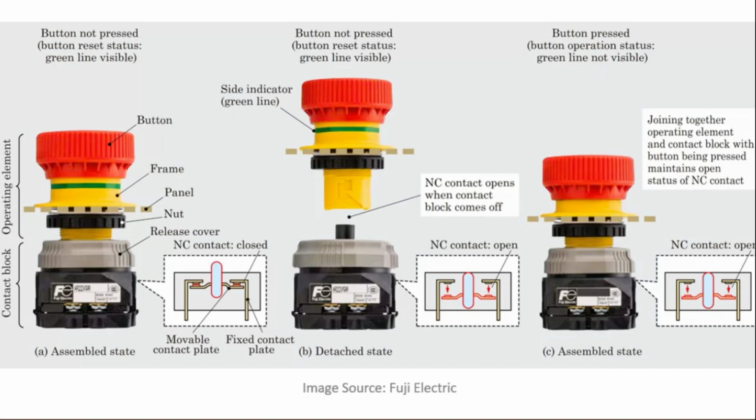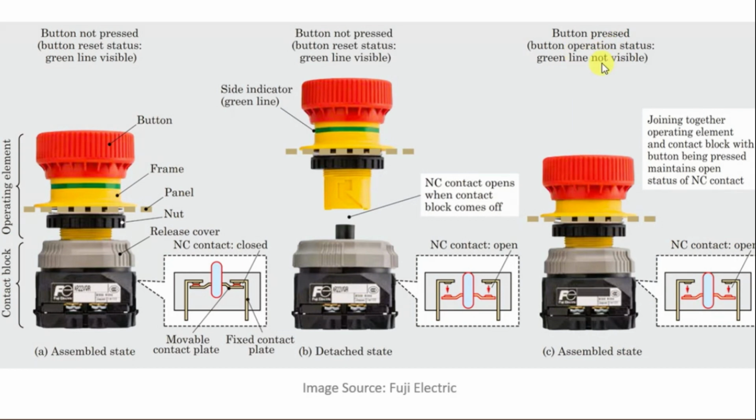In this particular design, the switch is not pressed and the green indication is visible, so the switch is in the off position, the equipment is running, and there is no bypass or override. Here the switch contacts are in the normally closed position. Now see the other one, where we are seeing the assembled state again.